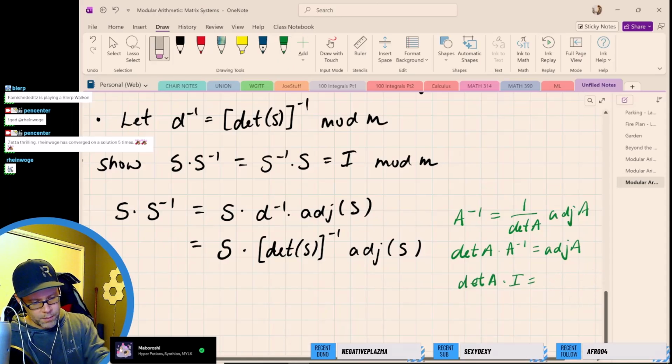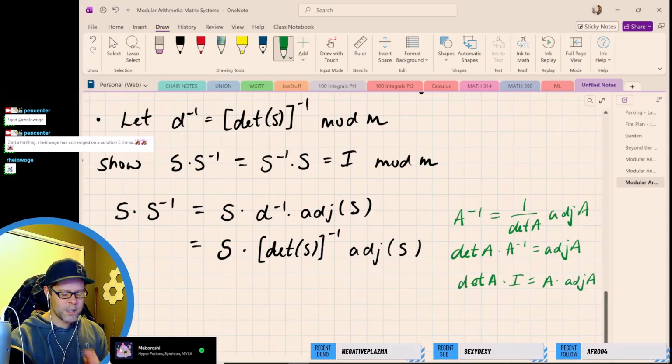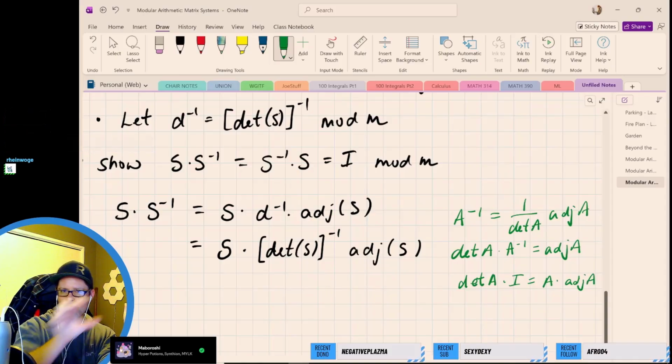Specifically, I'm going to use this order: A times adjoint A equal to the determinant of A times I. So if I take A and multiply by its adjoint, I get a matrix where the determinant value lies on the main diagonal and everything else is 0.